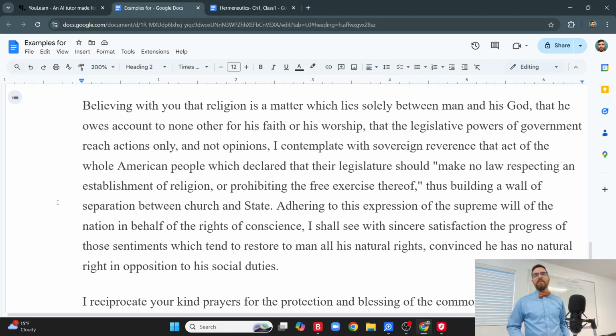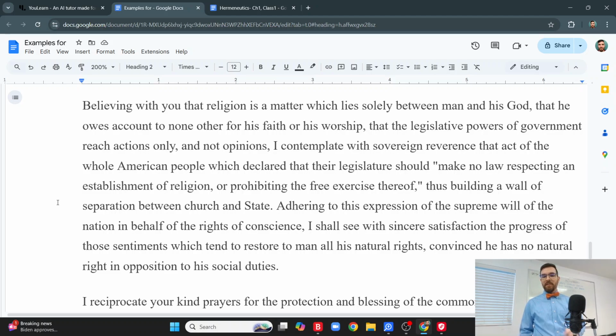Believing with you that religion is a matter which lies solely between man and his God, that he owes account to none other for his faith or his worship, that the legislative powers of government reach actions only and not opinions, I contemplate with sovereign reverence the act of the whole American people which declared that their legislators should, quote, make no laws respecting an establishment of religion or prohibiting the free exercise thereof, thus building a wall of separation between church and state.